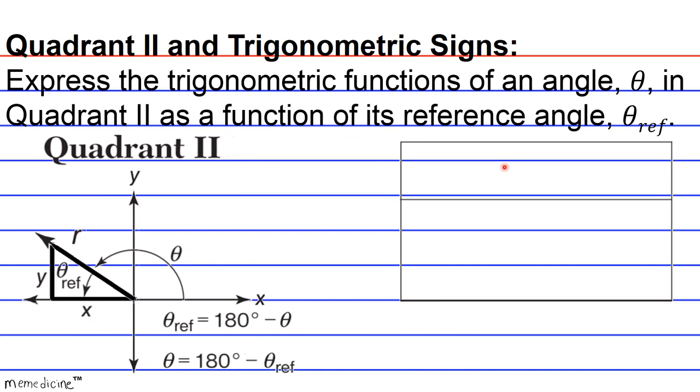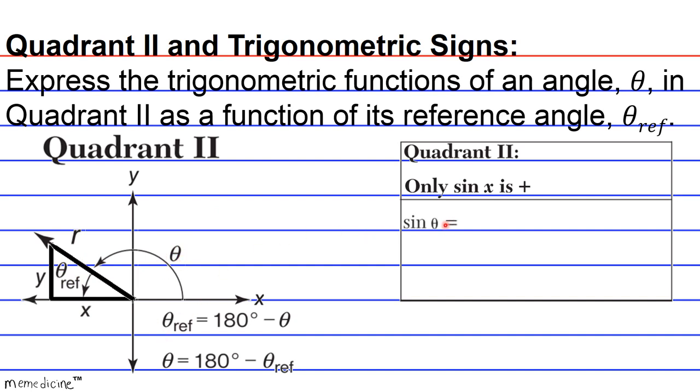So obviously here in quadrant 2, it's really the sign of theta that is going to be positive. And I'll show you just why in a minute. So let's say we have the sine of theta, that's going to be equal to the side opposite the reference angle divided by the hypotenuse, okay?